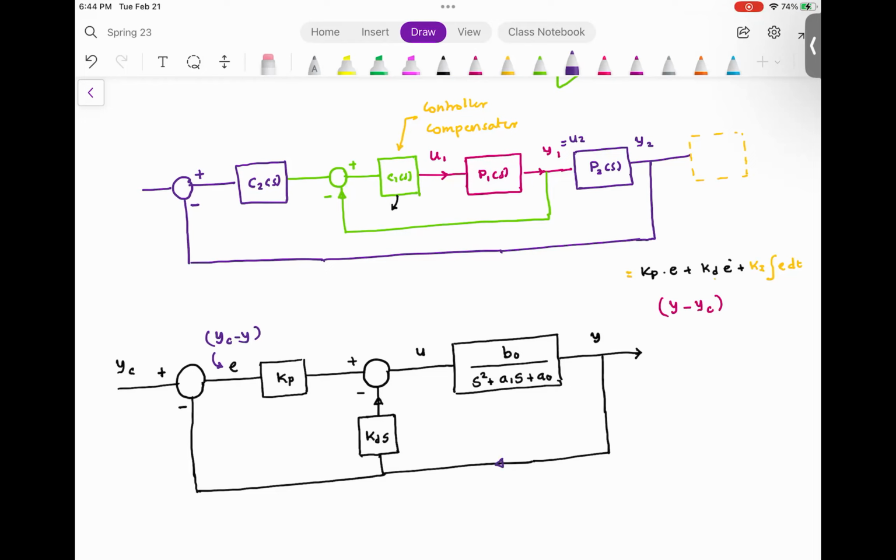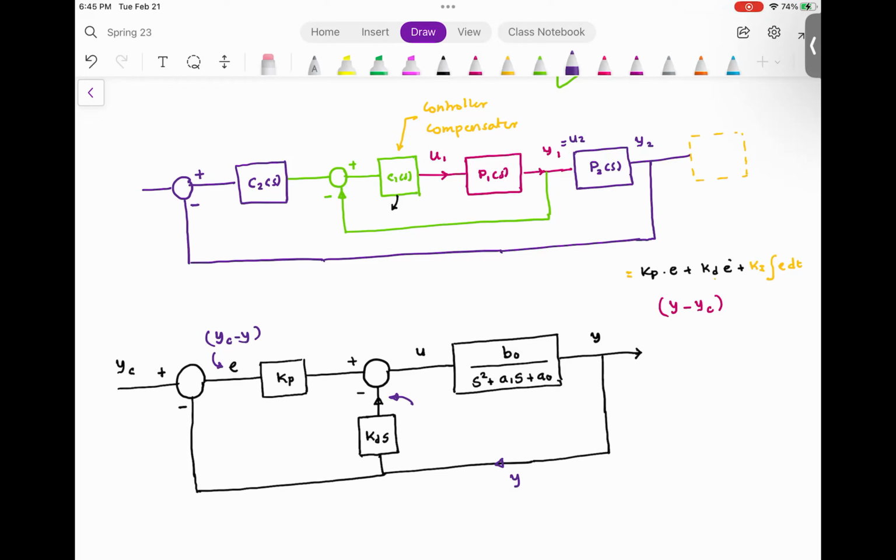Now what is happening here? Y is coming here, but this Y is differentiated because it gets multiplied with S. So here you have a derivative term, but it is not dependent on the error term, it is dependent on the derivative of the output. Everyone understood this?